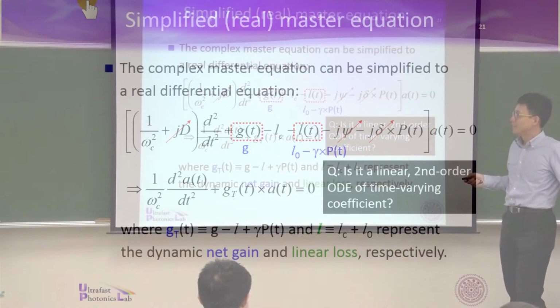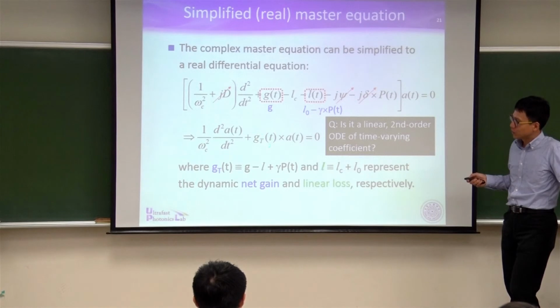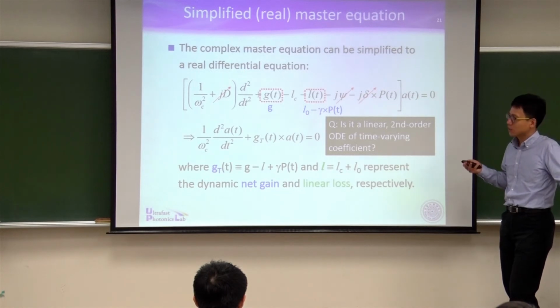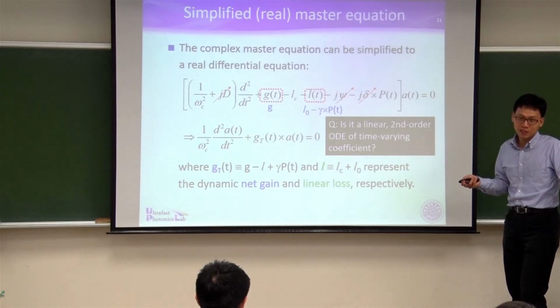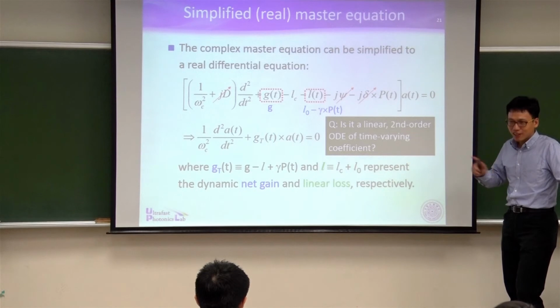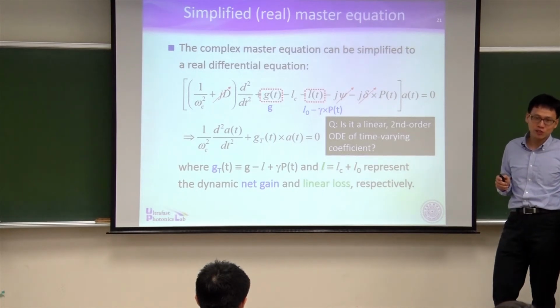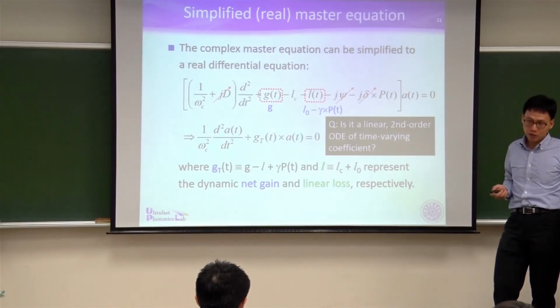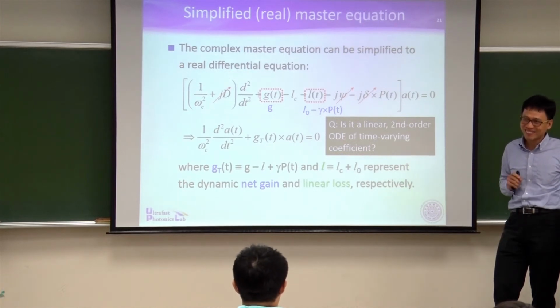就是 g of t 跟 a of t 那2个乘在一起。OK，所以 g of t 有什么？有 p of t。What is p of t? Roughly speaking, it's the absolute square of a of t. So g of t is not an independent time-varying coefficient. It includes the unknown function a of t itself. So if you have a of t absolute square multiplied with a of t, certainly it's nonlinear.